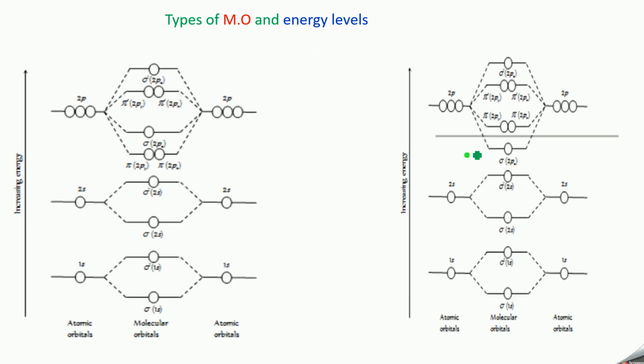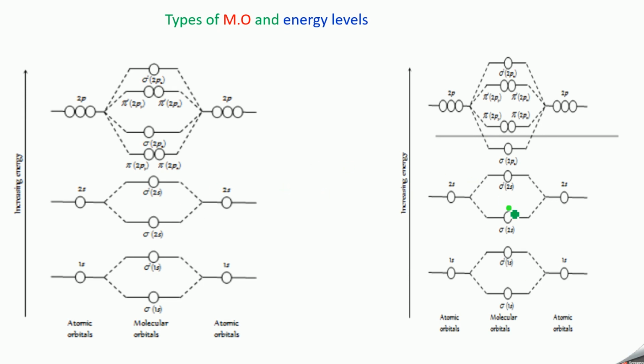Next we have the types of molecular orbitals and their energy levels, that you can learn from the molecular orbital diagram. You remember only two diagrams, then you can easily write the diagram for all molecules. One is this one and the other one is this one.